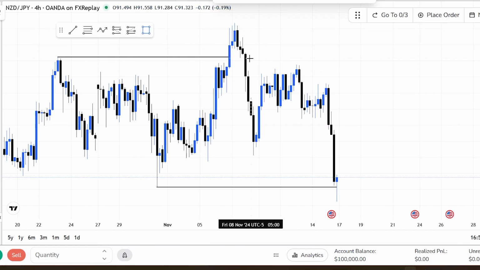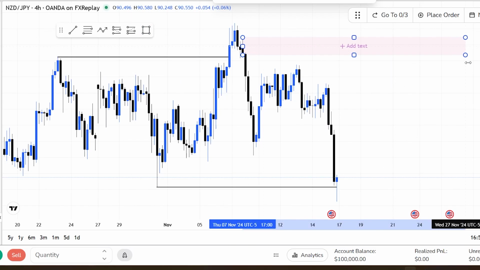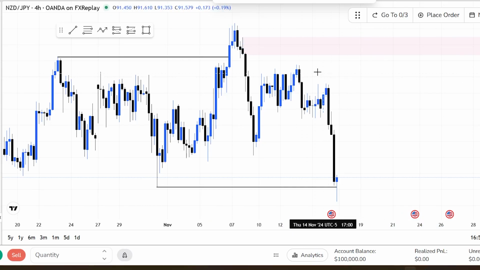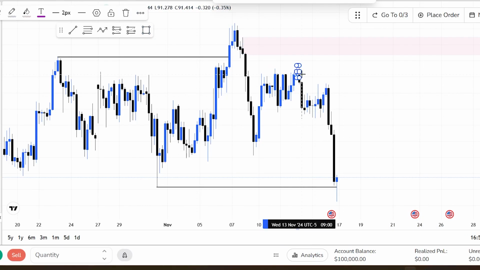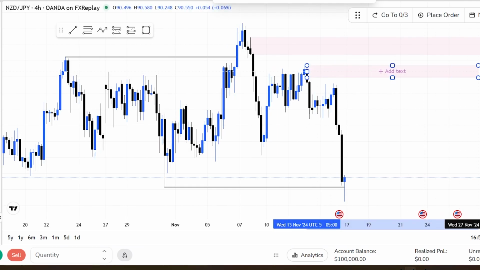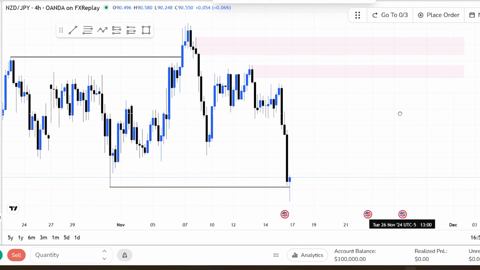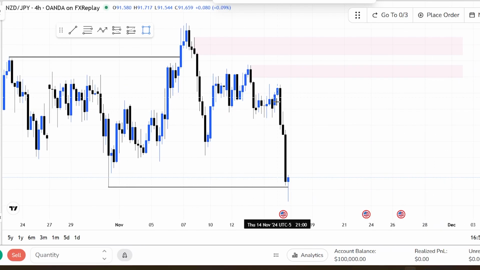And then as you can see, we have our zone here. It's unmitigated, it's a supply, and then you also have other unmitigated supplies here. Pretty interesting. We also have another supply unmitigated here.